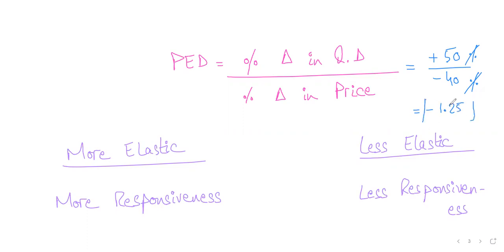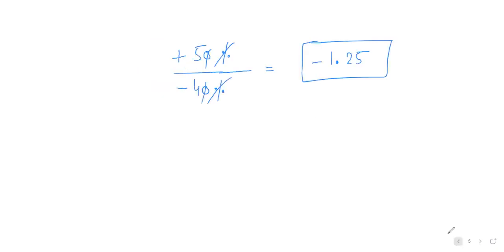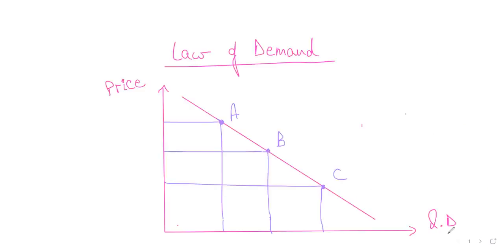Now let's interpret. Let's look at what this negative 1.25 shows us. First thing, why is this negative? Why is price elasticity of demand negative? There has to be a reason for that, right? And the reason is what we have already discussed: the inverse relationship between price and demand.